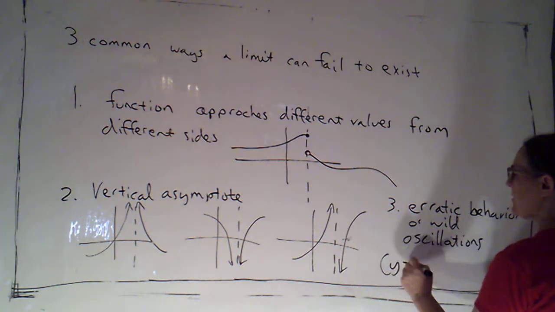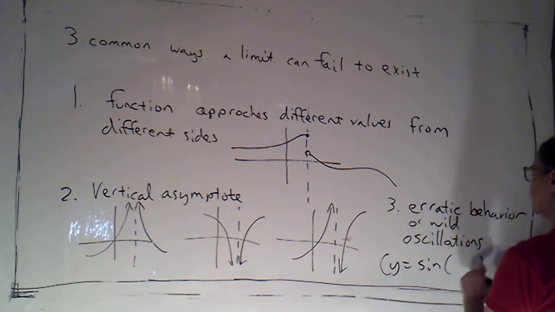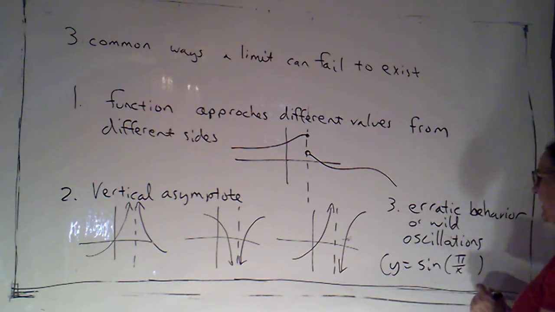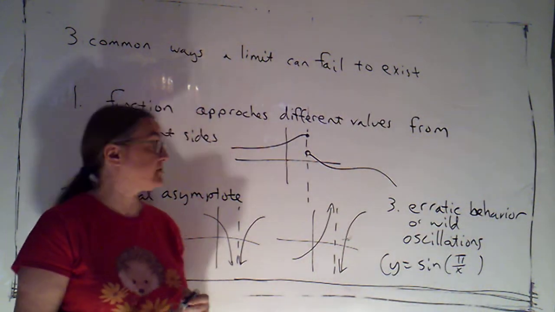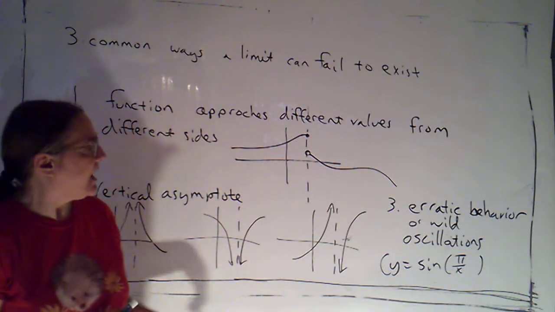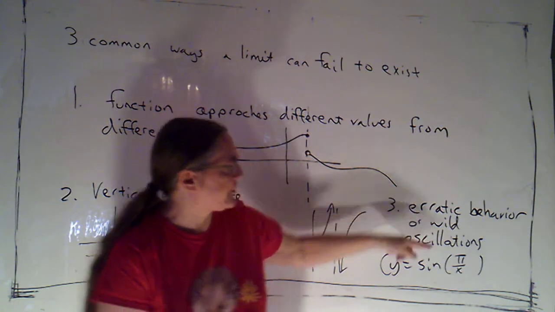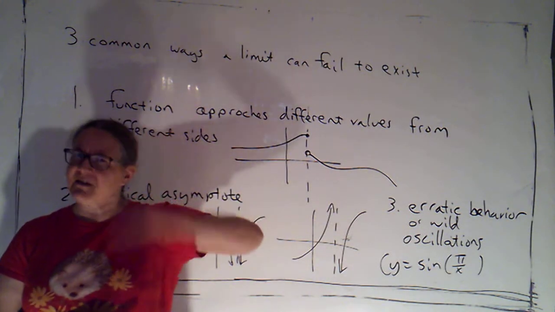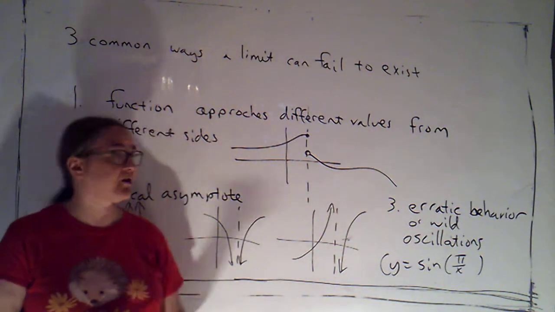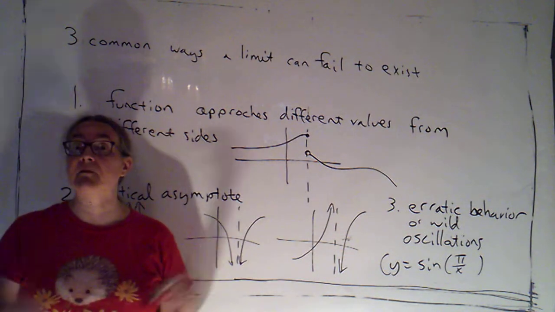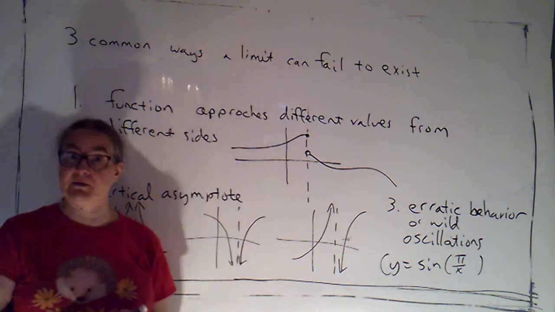So that was what we saw when we had y equals sine of pi over x, and we were trying to look at a limit as x approached 0. Wild oscillations might be a better name there, because we can still describe what the function is doing. So it's not completely erratic behavior, but some functions will have erratic behavior. They'll just sort of be going all over the place.